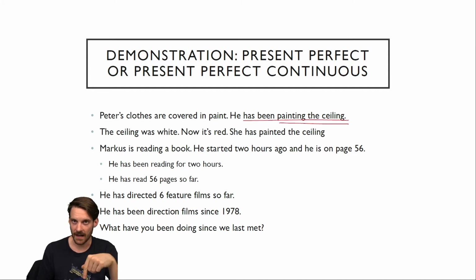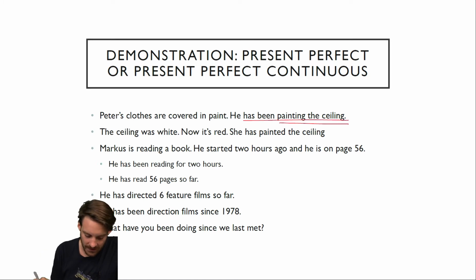In the second sentence, these two belong together, A and B, has painted the ceiling means he is finished with painting the ceiling. So it was white and now it's red.